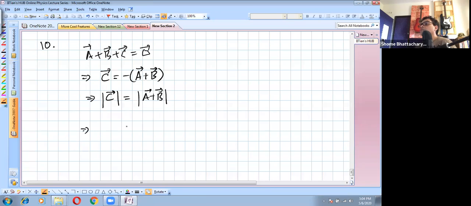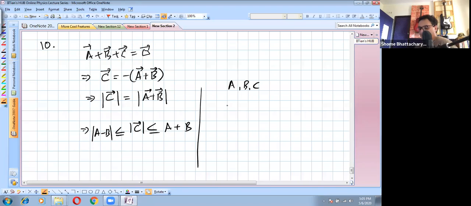So C's magnitude cannot be greater than the sum of A and B's magnitudes, and C's magnitude cannot be less than the difference of A's magnitude and B's. Now let us fit this in. In the first option, A, B, C are given as 10, 12, 15.